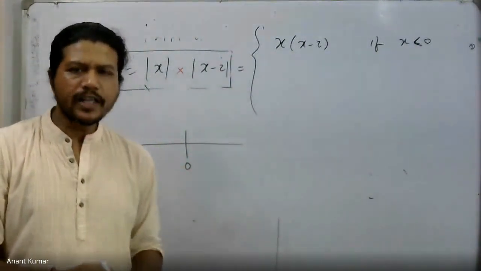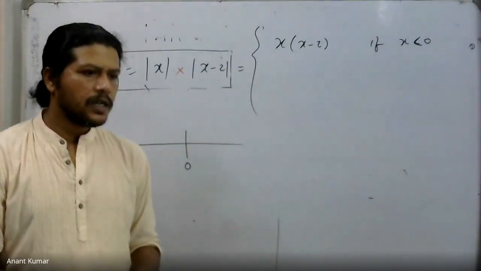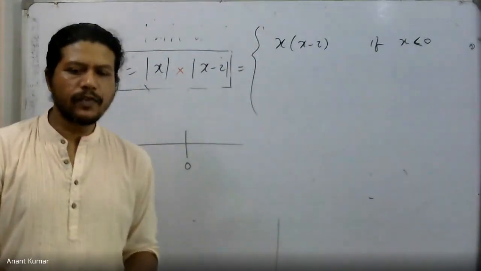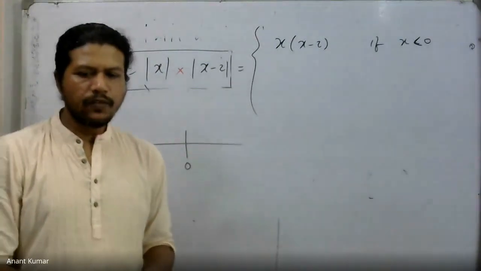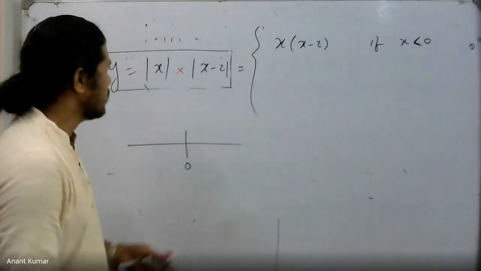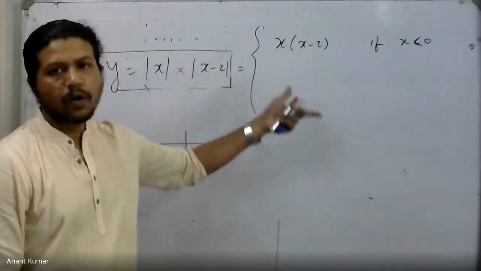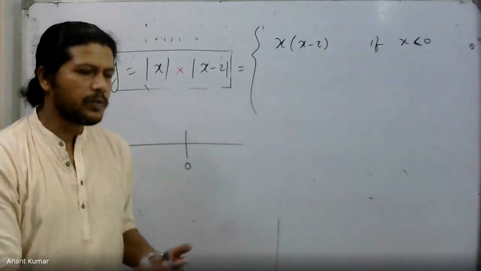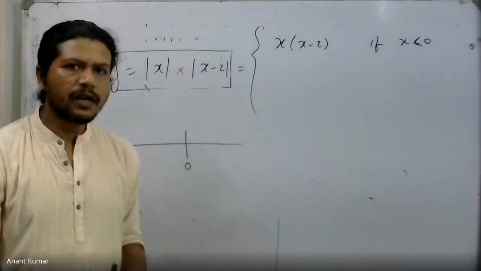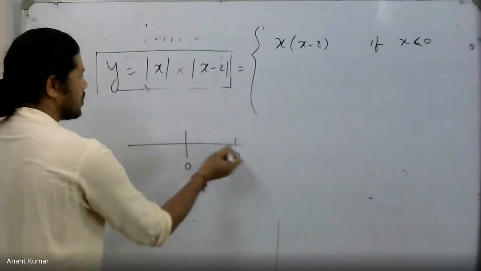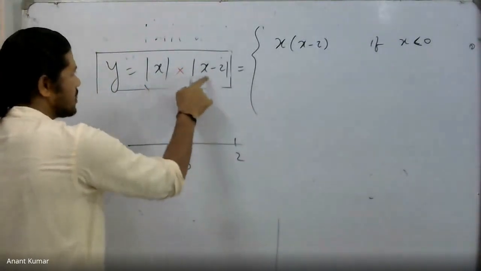Therefore, mod x becomes minus x, and mod of x minus 2 also becomes minus of x minus 2. Therefore, we end up getting the product as positive. I mean, the sign remains plus, because minus into minus becomes plus. On the other hand, if I take the region which lies between 0 and 2, x is positive and x minus 2 is negative.